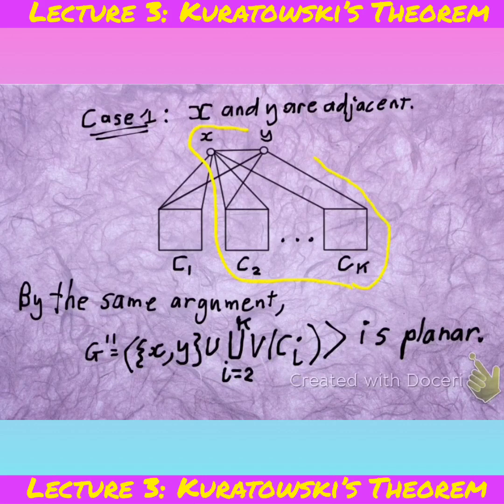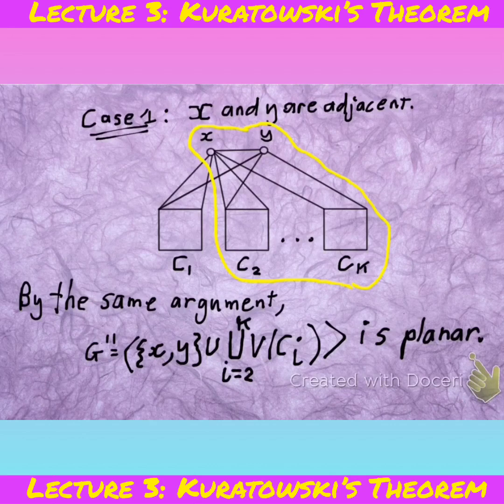So you take all the vertices of every component Ci for indices i running from 2 to k, together with the vertices x and y, and you consider all the edges between only those vertices.